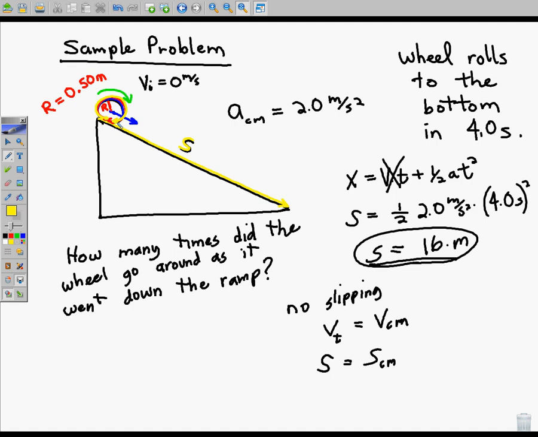So this is the distance that a point on the surface of the wheel went around the circumference, and it is equal to the distance that the center of mass moved forward.